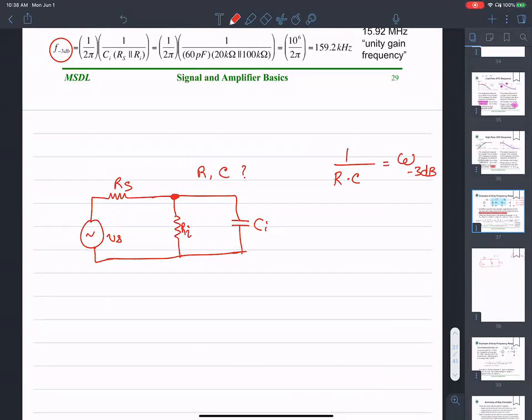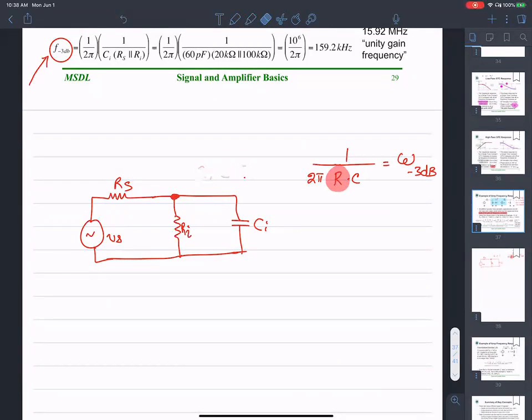That is what we are trying to find in this problem. If you divide that by 2 pi, then you have F.